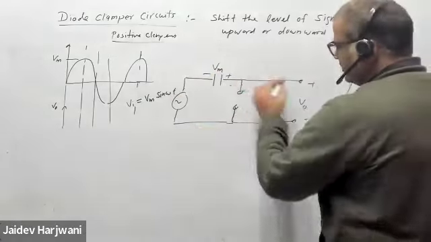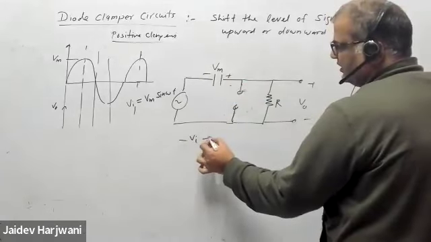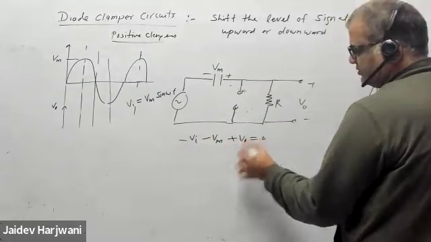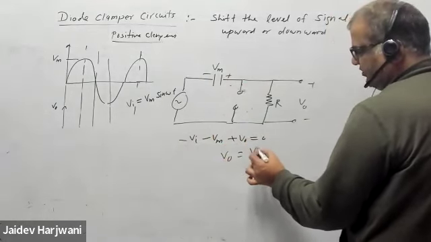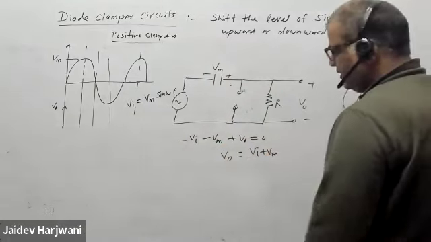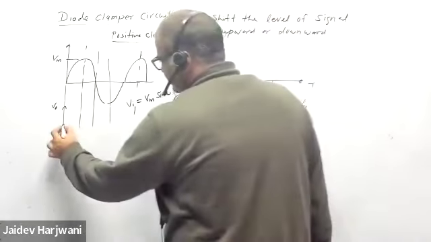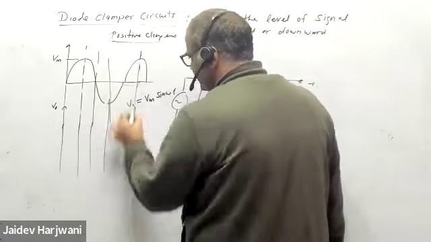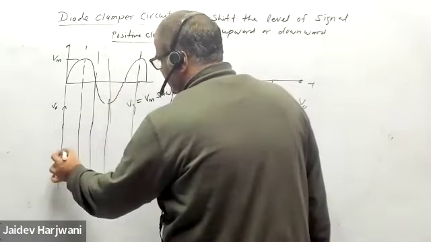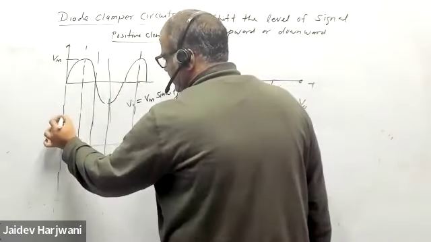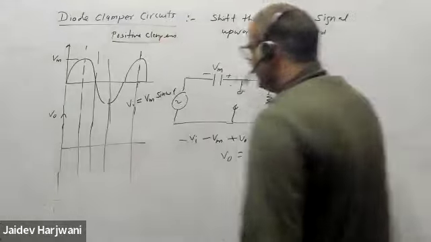Again you write the equation: minus VI minus VM plus V naught equals 0. So V naught becomes VI plus VM. Now just keep on putting the values of input.